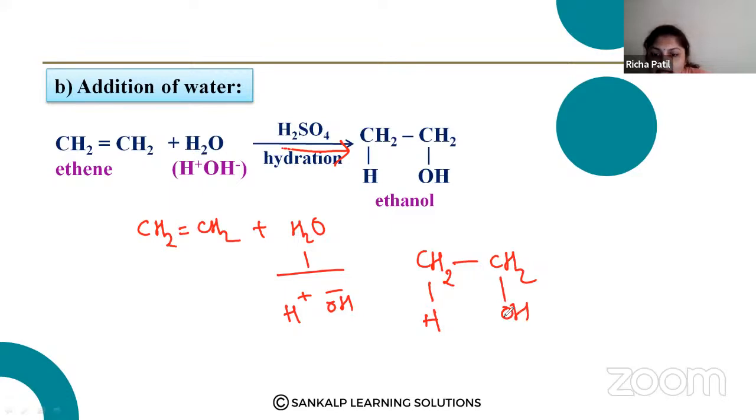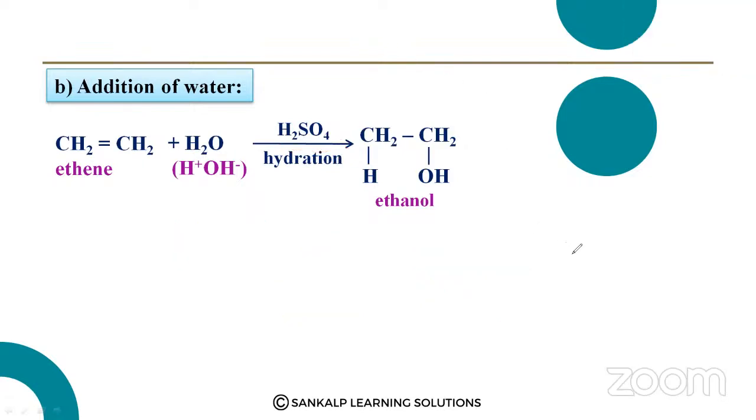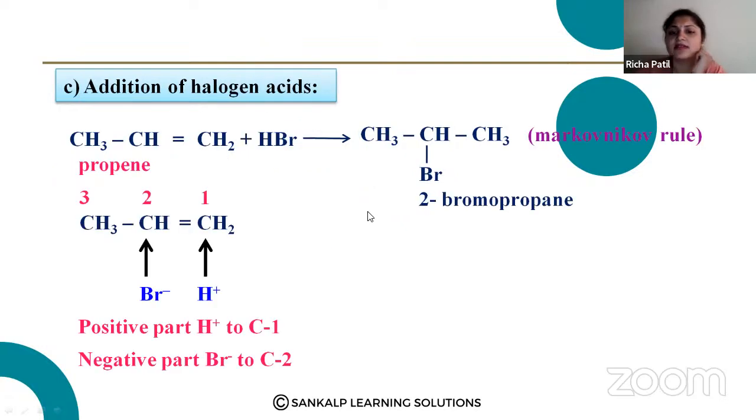You can add OH to either carbon and H to the other, because it is a symmetrical alkene. So you can add hydrogen to one carbon atom and OH to the other carbon atom. It forms ethanol. So this is addition of water.